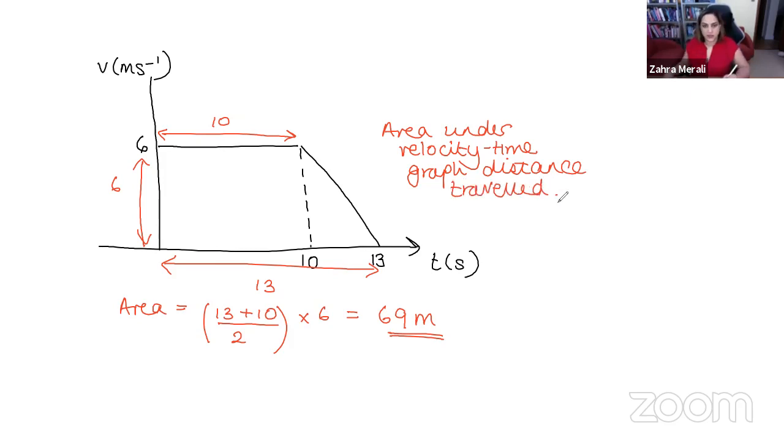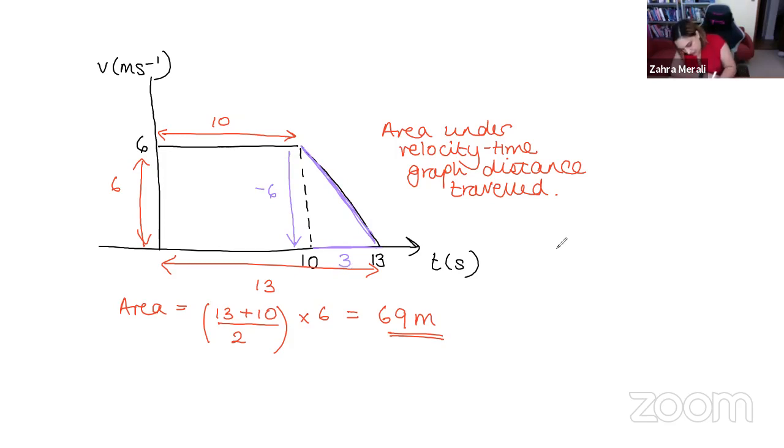Right. So now what about if I wanted to find how quickly the cyclist decelerated? So we're looking for the gradient. So the gradient is going to give me the deceleration. So I want the gradient of this bit here. So I've got my change in y, which is going from 6 to 0. So I've got -6. My change in x, which was 3.